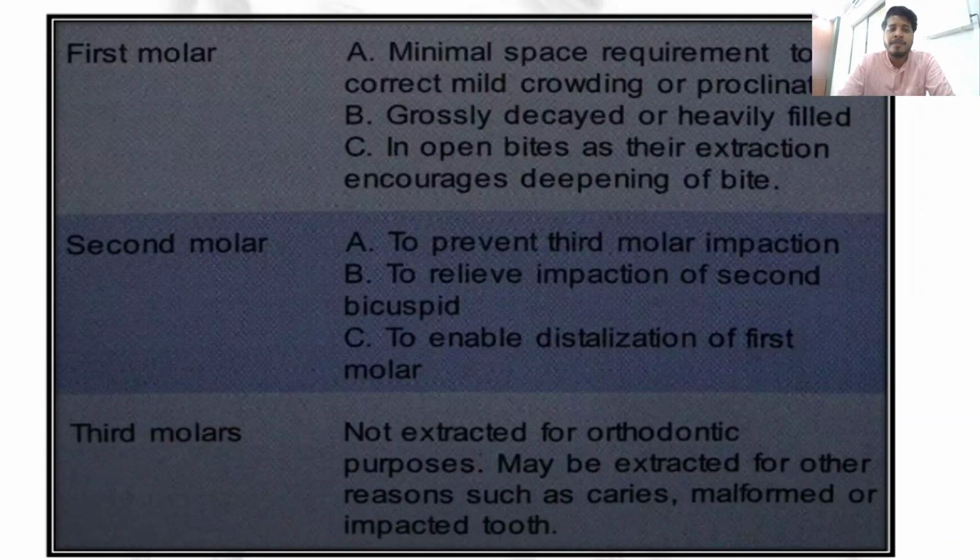Extraction of the first molar is mainly done if it is grossly carious. The second molar also you extract in certain cases to prevent third molar impaction. And third molars are usually not extracted for orthodontic treatment purposes, but may be extracted for other reasons such as caries, or a malformed or impacted tooth.